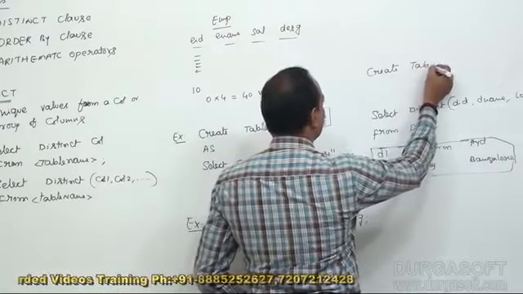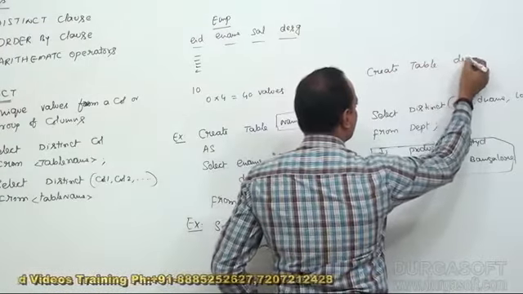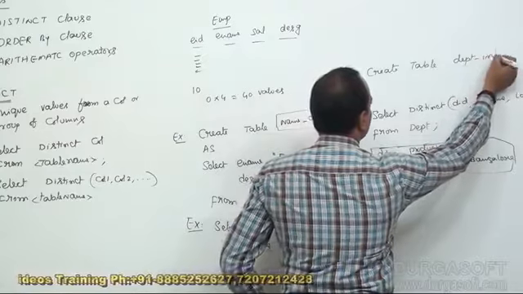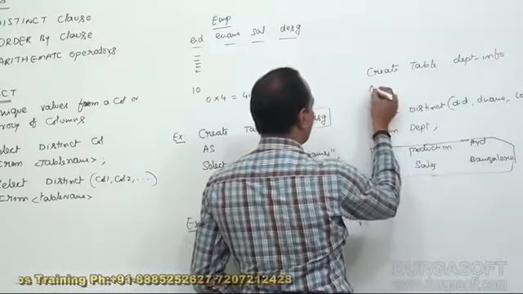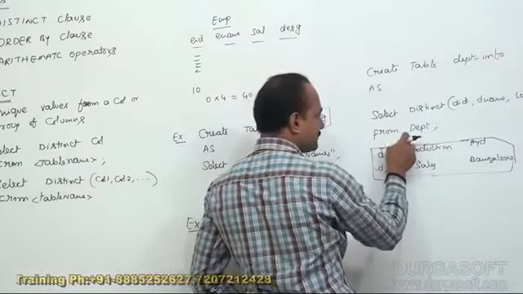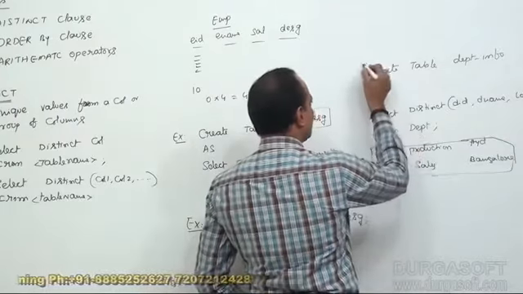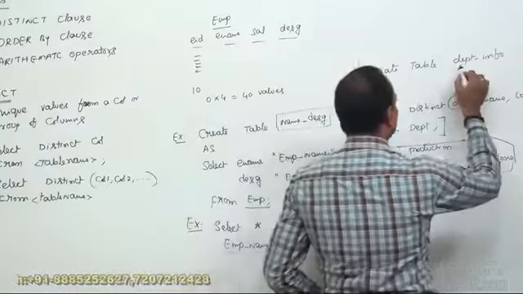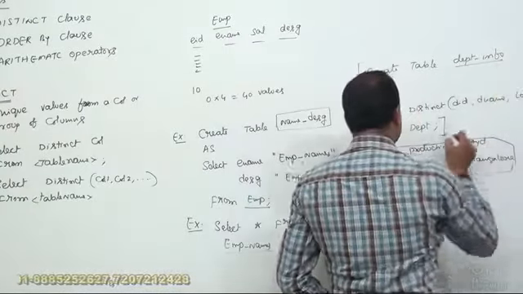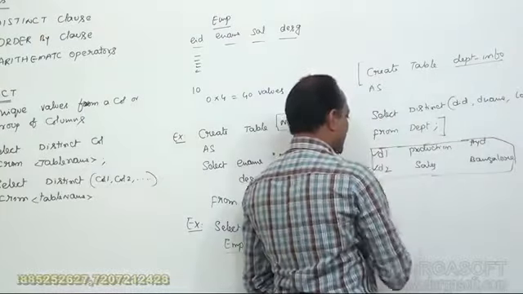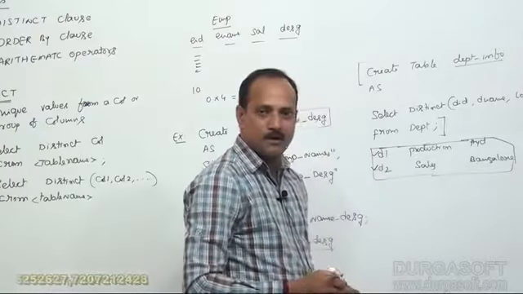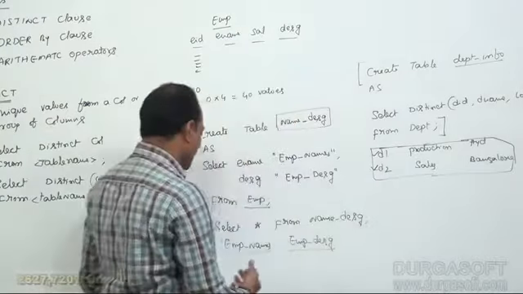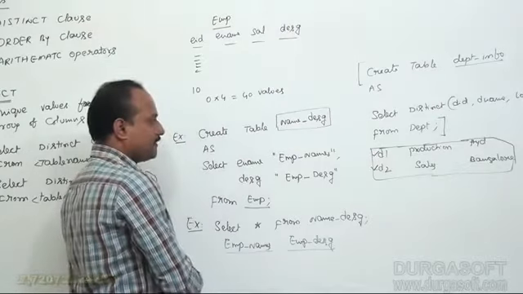Create table DEPT_info as, and write the select statement. So this creates a new table DEPT_info with only 2 records. There are no duplicates. Later you can drop the table DEPT, right?